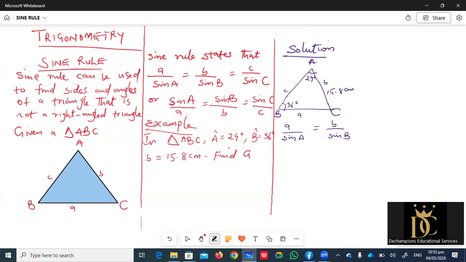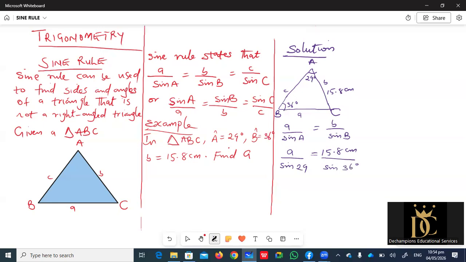So a over sine A, which is angle 29 degrees, is equal to side b, 15.8 centimeters, over sine B, which is 36 degrees.